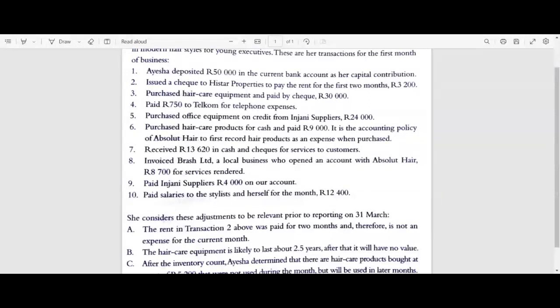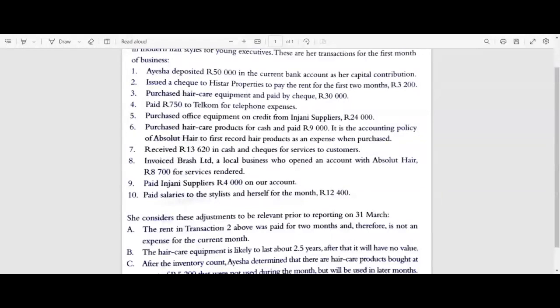Because we've purchased hair care products, so this will be shampoos and conditioners and dyes and bleach. I'm not an expert. I'm just thinking of a few possibilities. So that is what she's purchased here for the business, right? So it is hair care products. She is recognizing it initially as an expense. So therefore, I would call it hair care products expense.